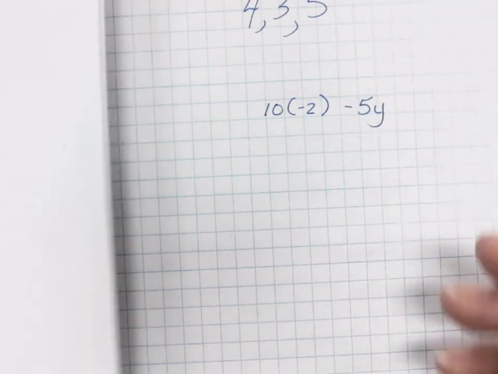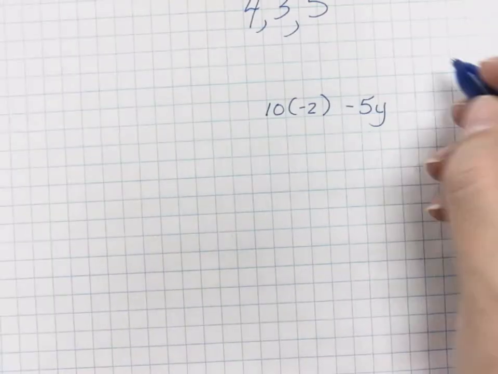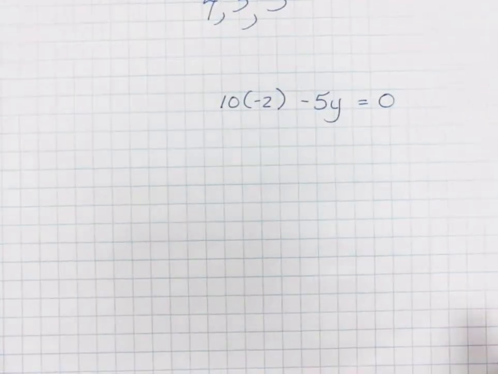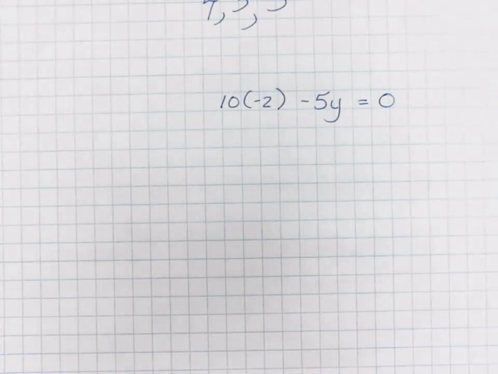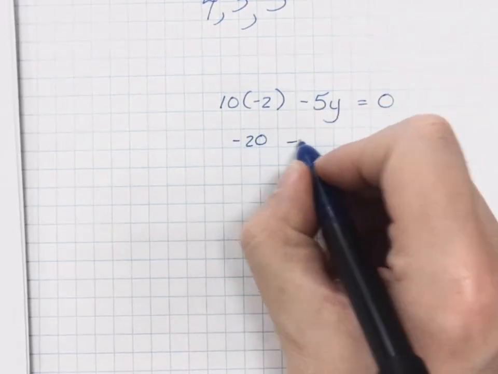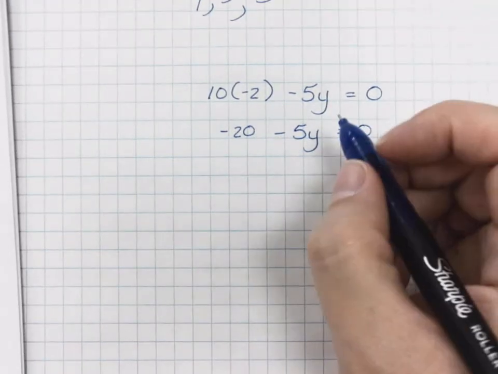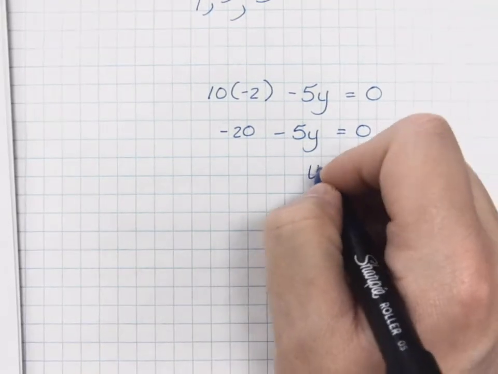And again, that inequality is greater than 0. But really for this one, you just need to put in equal to 0 because you're getting that boundary line. You're getting what that boundary is. So I've got -20 minus 5y equals 0. So y is equal to -4.